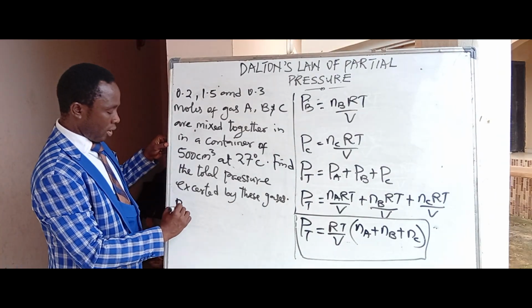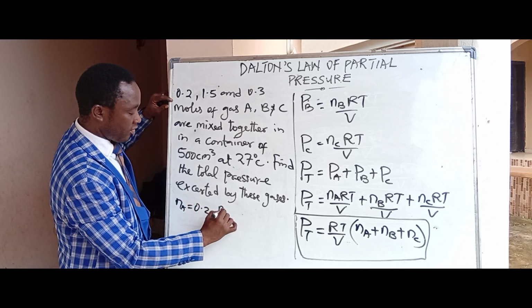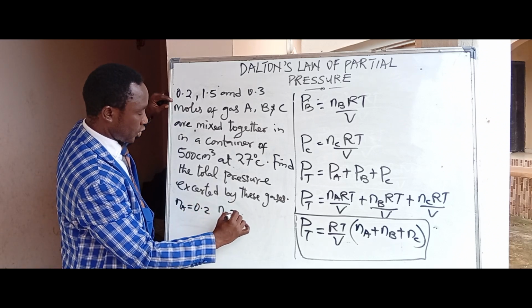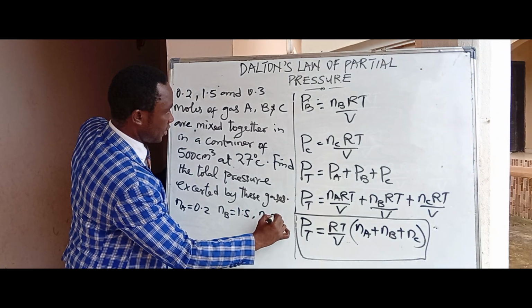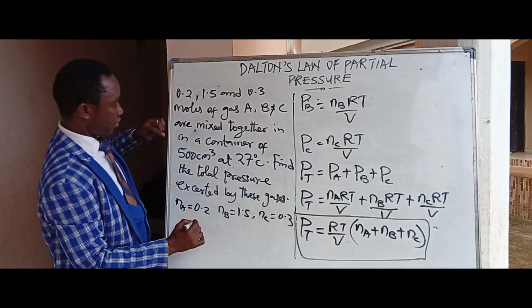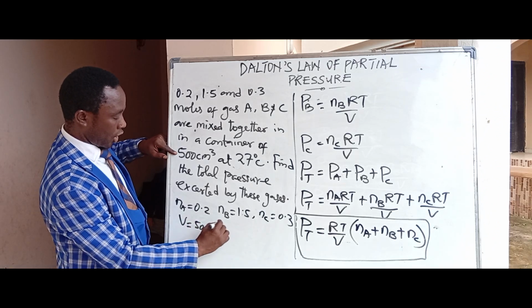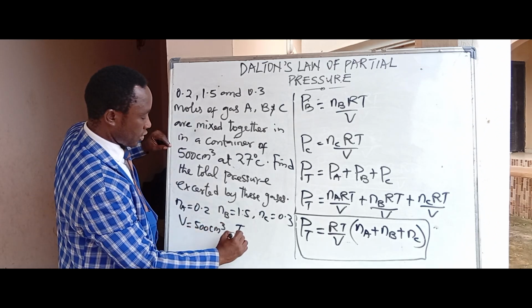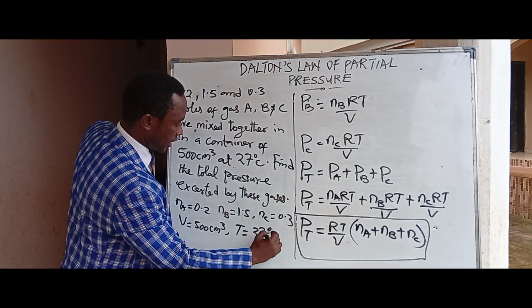Now, we can see that the number of moles of gas A is equal to 0.2. Number of moles of gas B is equal to 1.5. Number of moles of gas C is 0.3. Now, from here, our volume is 500 centimeter cube, and our temperature T is equal to 27 degree Celsius.